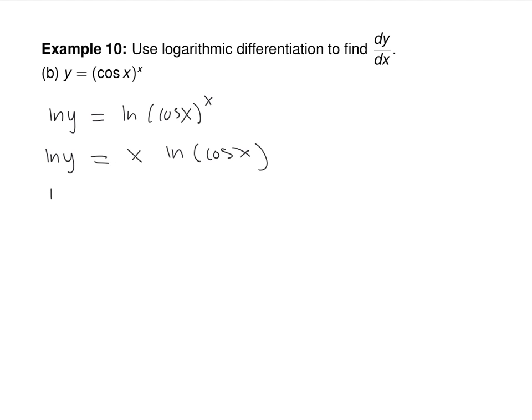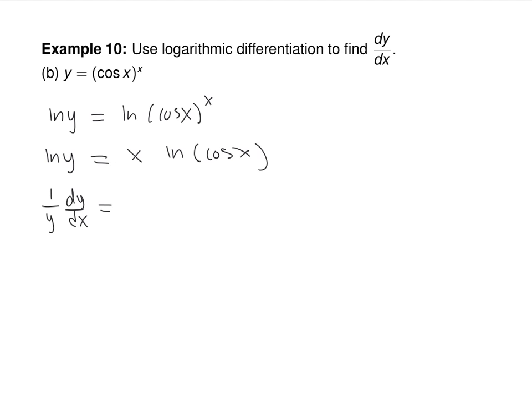So we've got ln y's derivative is 1 over y, dy dx. When you're differentiating x ln of cosine x, first you differentiate x, right?